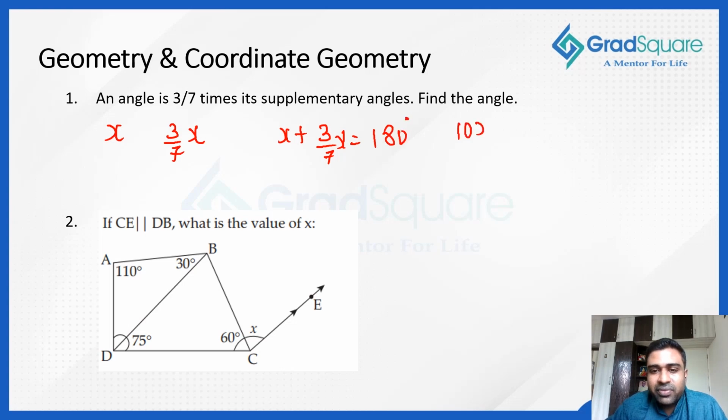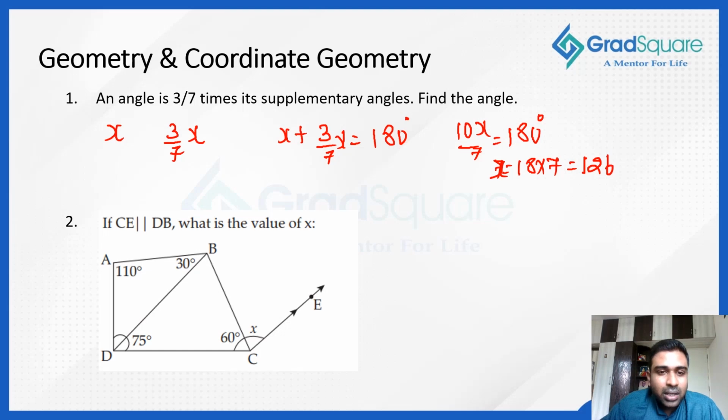So upon simplifying, 10x by 7 equal to 180. So x is nothing but 18 into 7, which is equal to 126. So supplementary angle is 126, and an angle is 3 by 7 times its supplementary angle is the question.